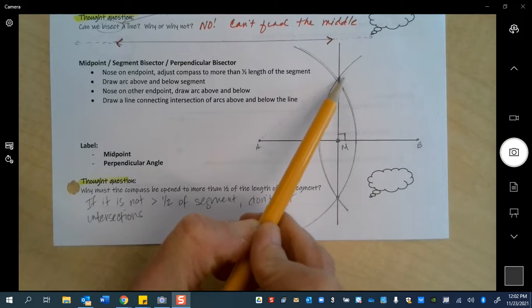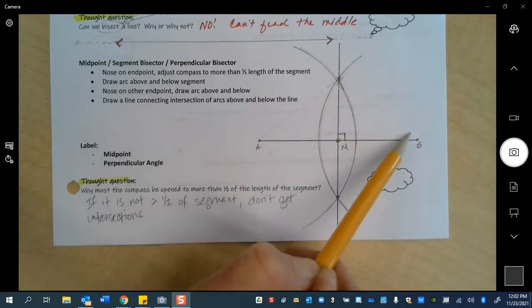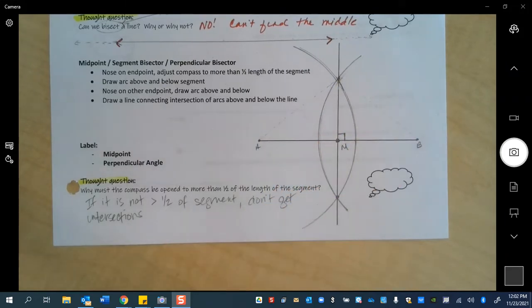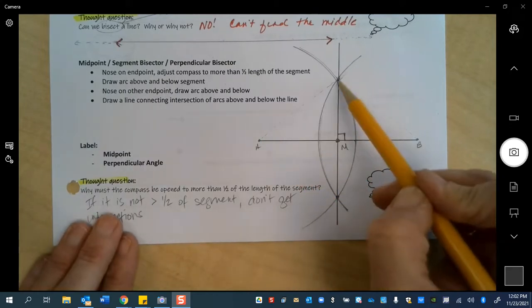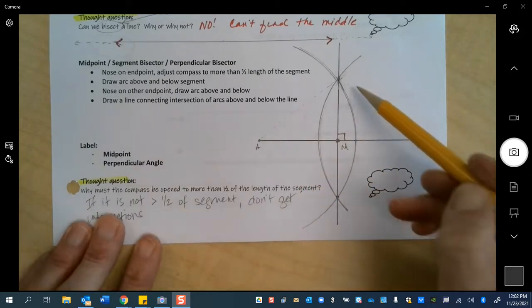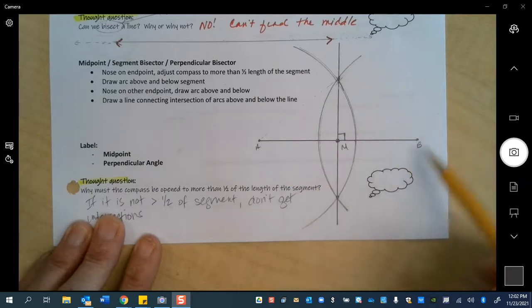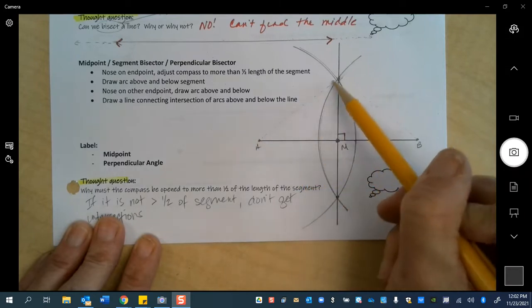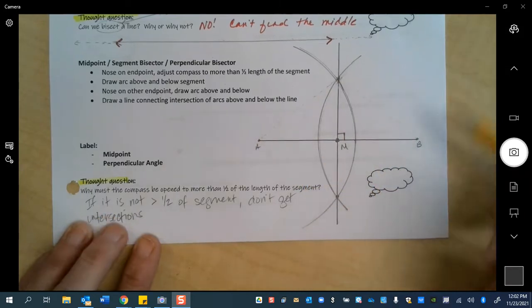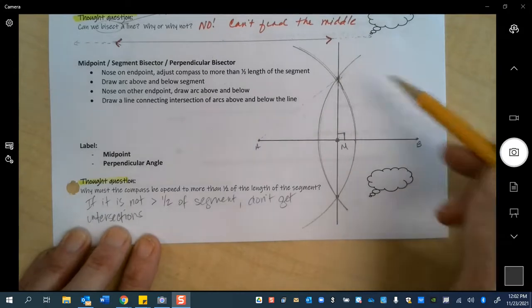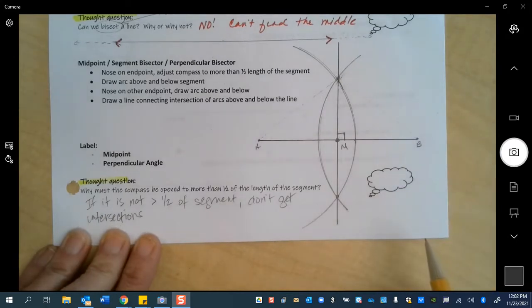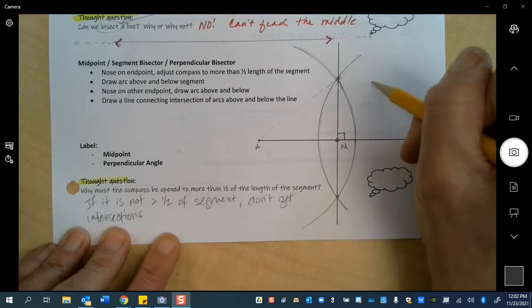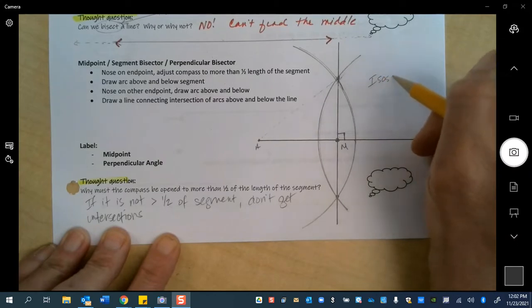We're going to talk about proving congruent triangles shortly, but you can see if this distance here is the same as this distance here, what kind of triangle am I looking at? Yeah, that is an isosceles.